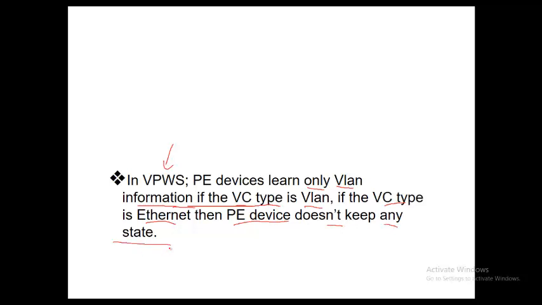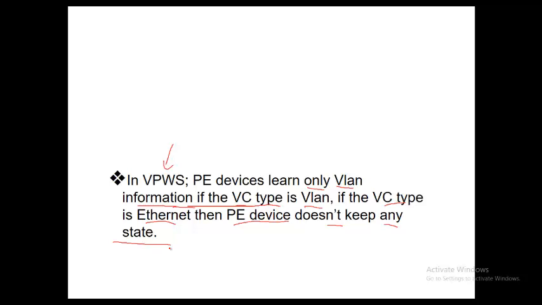So if the virtual circuit type is only for one particular access port, then it cannot have any virtual LAN information.